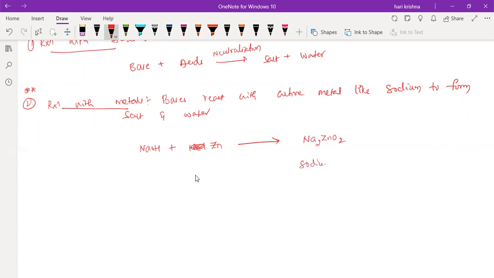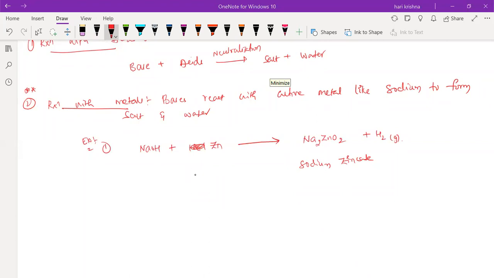They asked this in the final exam, term one last year. Whenever sodium hydroxide reacts with zinc, you get sodium zincate as the salt along with H2 gas. So the sodium zincate formula is Na2ZnO2.